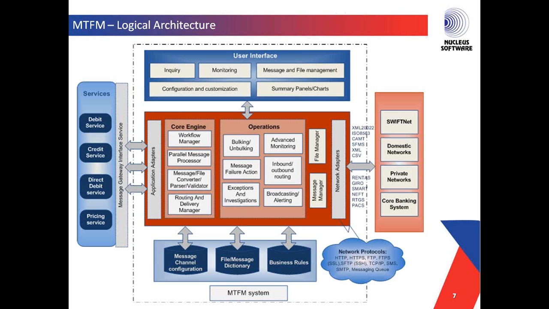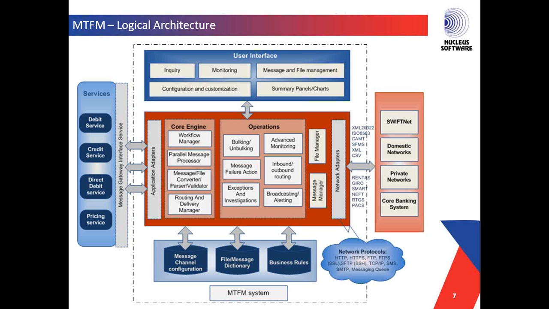It will first segregate the messages into logical groups based on the message type. Let's say there are only two types of messages, NEFT and RTGS, that have come. The workflow manager will create two logical groups, one for NEFT, one for RTGS. It will then hand over these logical groups of messages to the message processor, which in turn will call the file formatter to validate and convert the message into the desired format.